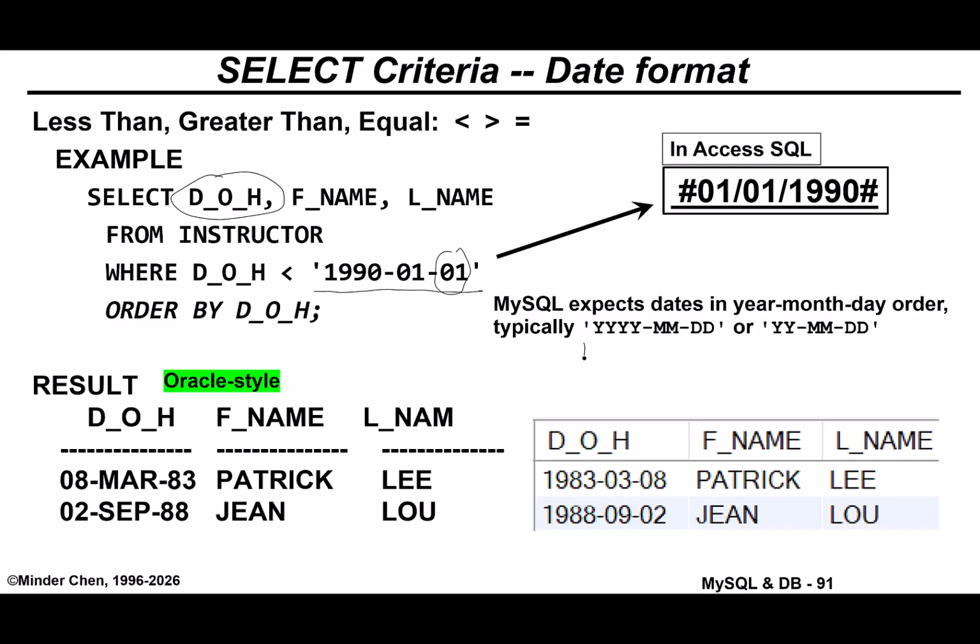Okay, so this is the format. It's pretty standard, unlike the US standard, so you need to be aware of it. In Oracle, that's how you write it. In Access, that's how you write it. We treat the date as a string, but you have to use a specific format. And so here we still need single quotes to enclose the date. Access uses the pound sign.